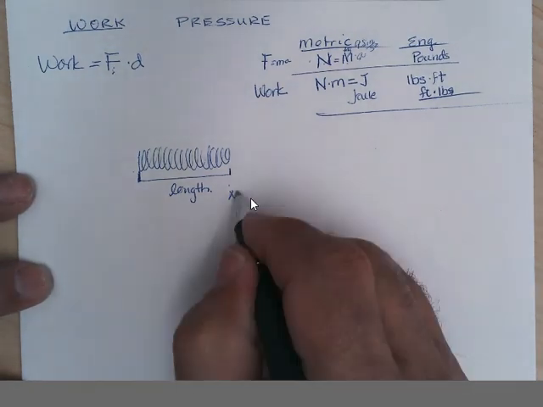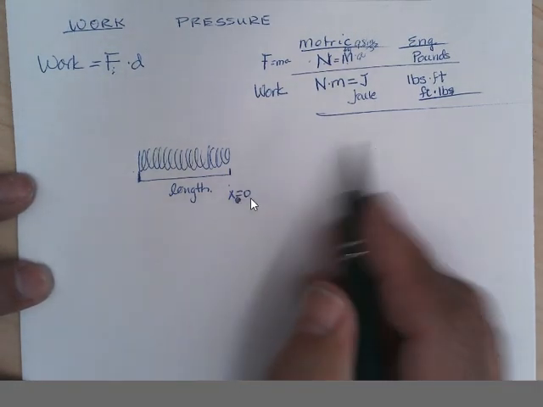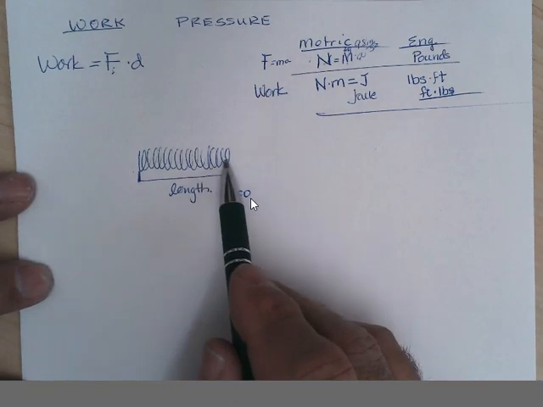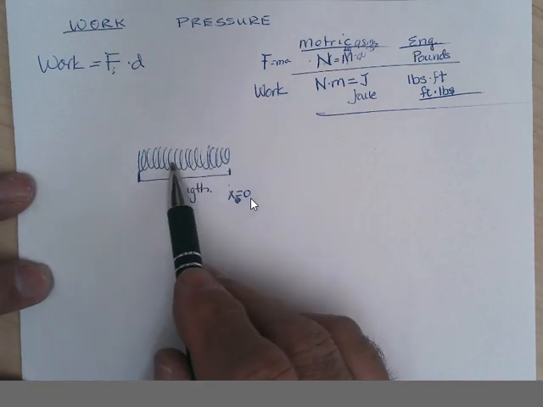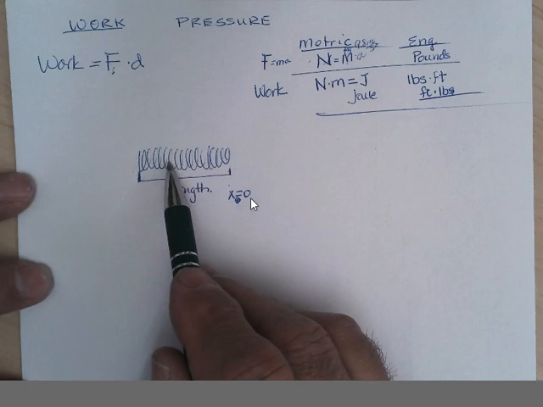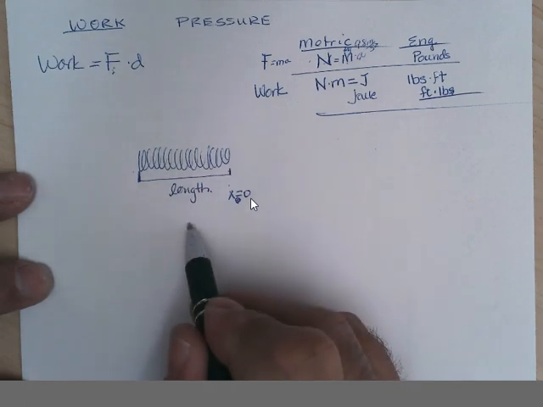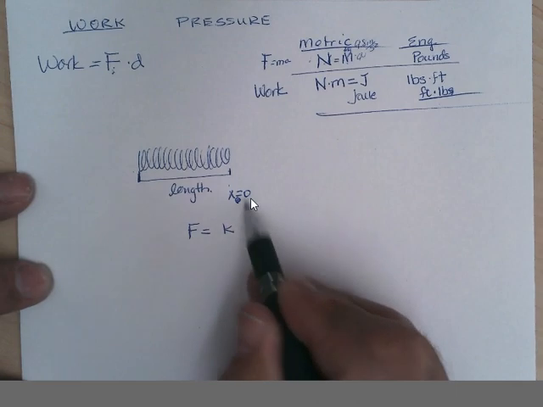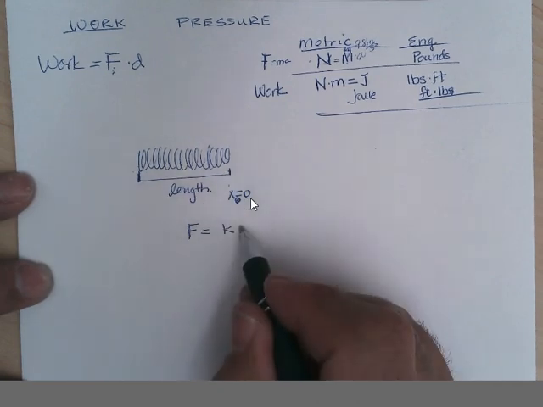Now, if you take a spring and compress it, the further you compress it, the harder it gets, and it's a linear relationship. So the force to compress it is just some constant times how far you've compressed it.